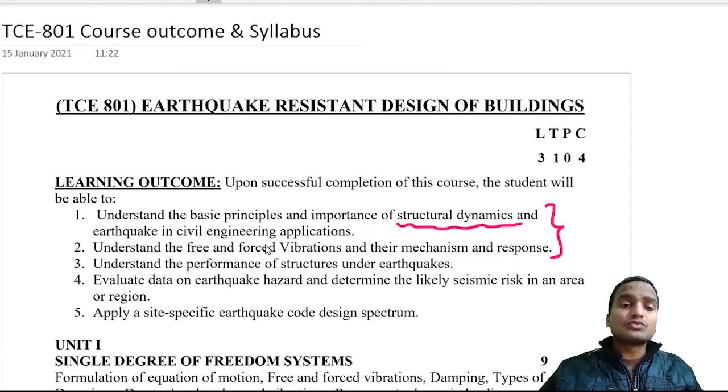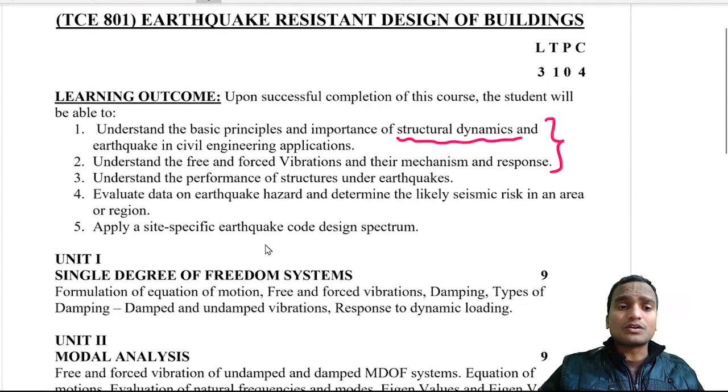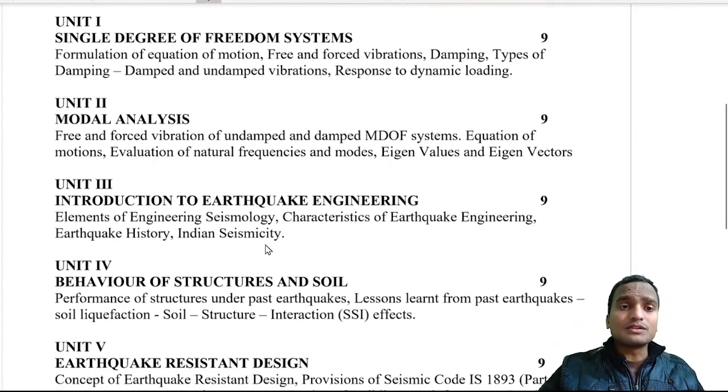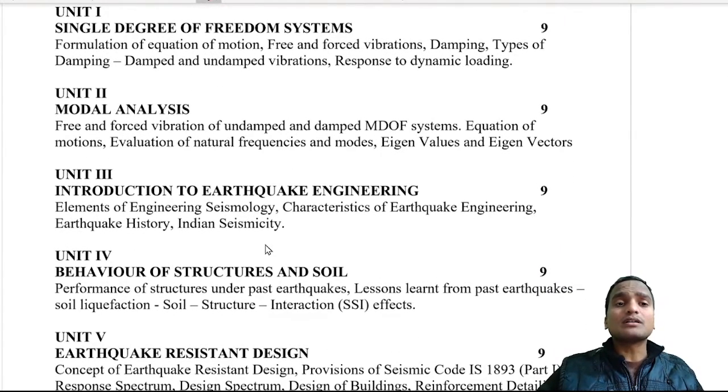Okay, so if we divide our series of lectures in 5 units, we are basically going to cover it in 5 units, and unit 1 deals with the single degree of freedom system. I hope you must have understood about the degree of freedom when we discussed the static and kinematic determinacy, indeterminacy, like that.